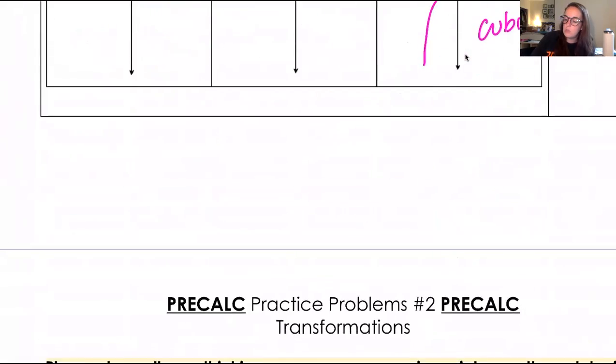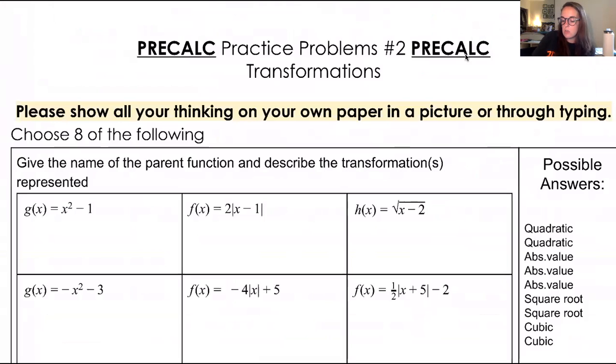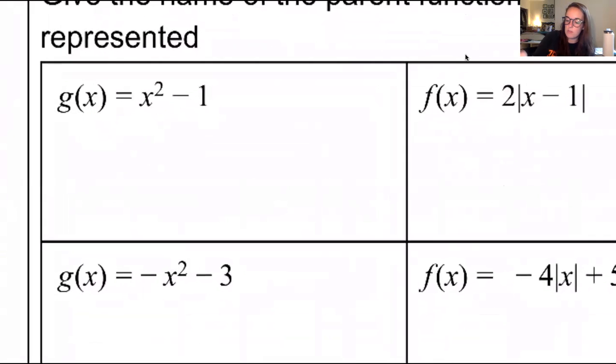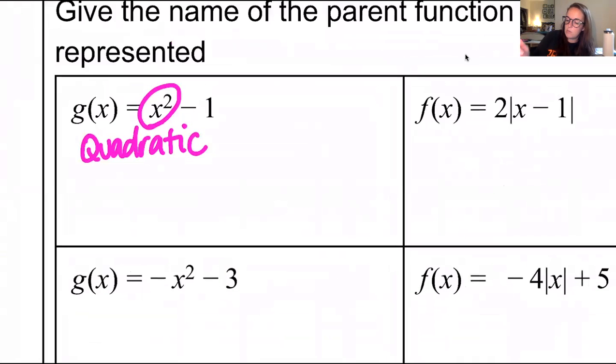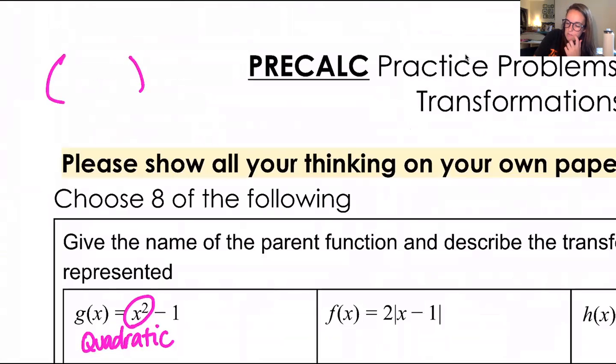For number 2, we're doing transformations. So for transformations, we have to give the name of the parent function and describe the transformation. For this one, we'd say, okay, x squared. I know x squared is a quadratic or a parabola, right? And then I see a -1 at the end. One way you can think about this: you have whatever's happening to x, usually in parentheses, absolute value bars, or a square root, and there's a number that might be plus or minus.